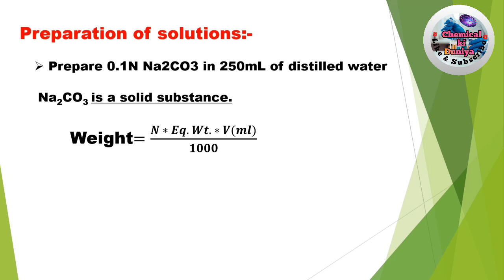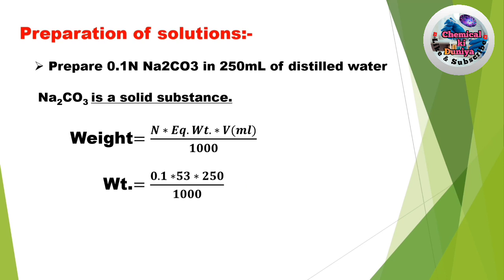You can easily get it using this calculation. Weight is equal to N into equivalent weight into V divided by 1000. Equivalent weight is equal to molar mass divided by valency or acidity or basicity.